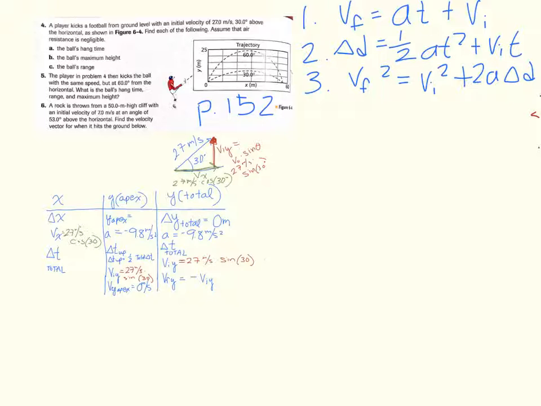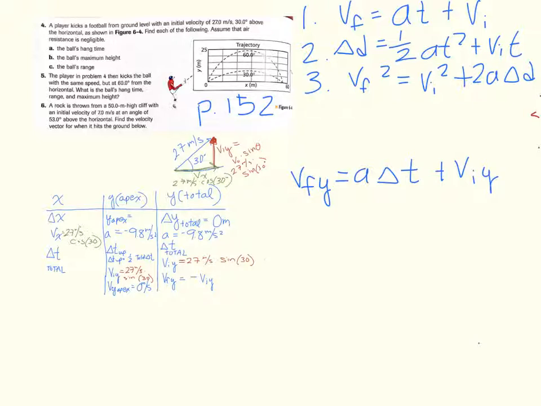Okay, let's say that we've got v final in the y direction equal to acceleration times my total time plus my velocity initial in the y direction.